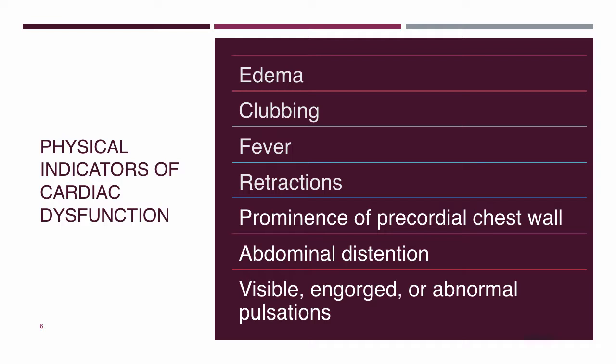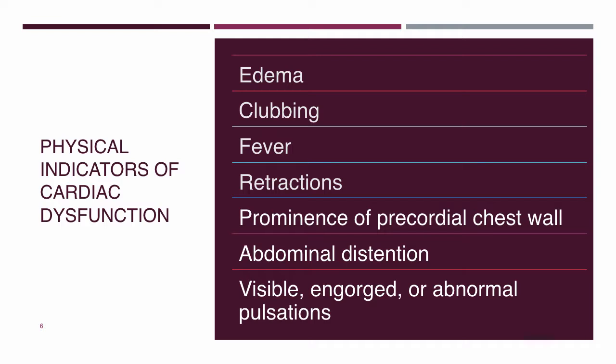Some of the other physical indicators of cardiac dysfunction include edema, clubbing of the fingers, fever, and actually you can have clubbing of the toes as well, having fevers, having retractions. The retractions go along with that tachypnea. You may see a prominence of the precordial chest wall.